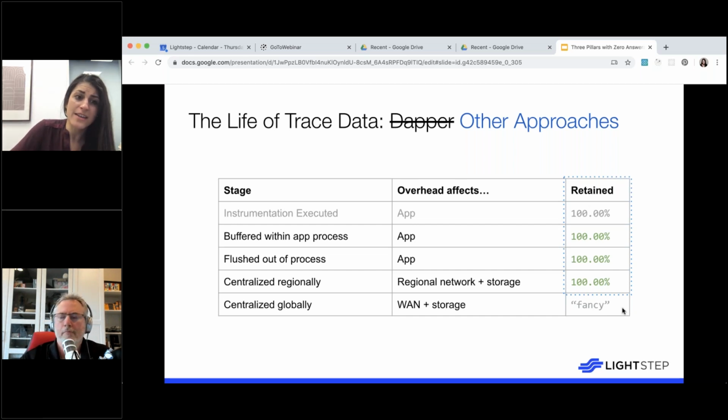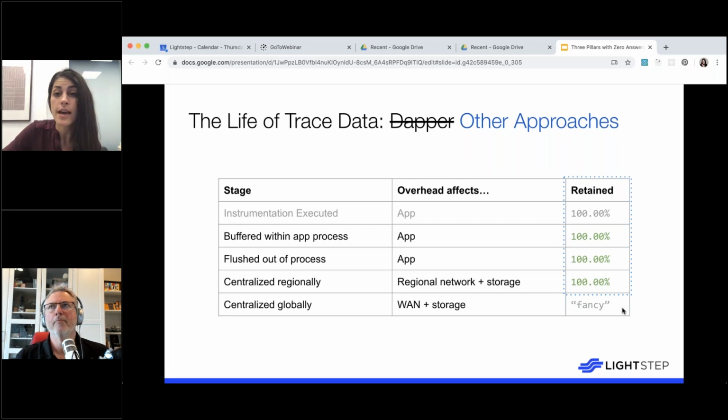And lastly, the traditional APM products I've seen don't have interesting aggregate trace analysis. It's great to look at one example trace and understand how one particular request propagates through a distributed system, but Lightstep is able to collect a huge number of traces and give you really interesting insights based on all of that trace data.